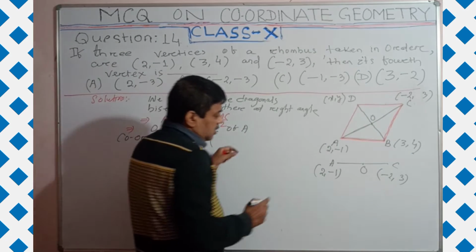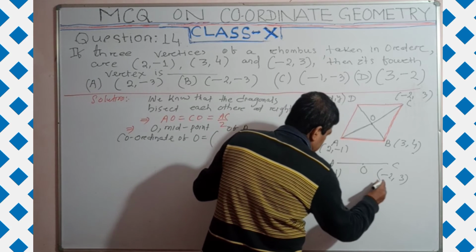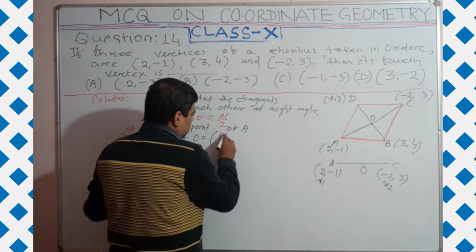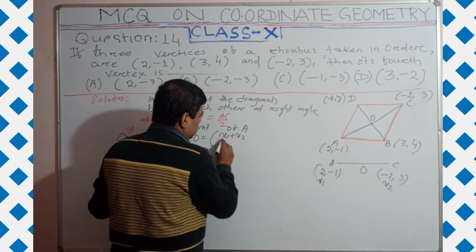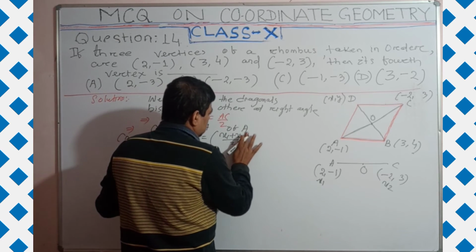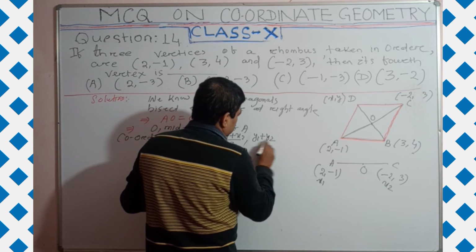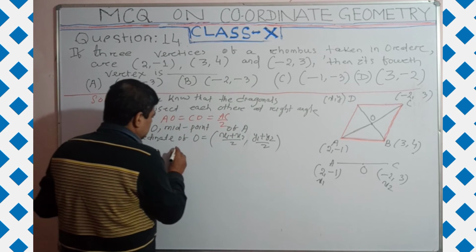So this is x1 and this is x2. Use the formula (x1 plus x2) upon 2 and (y1 plus y2) upon 2.